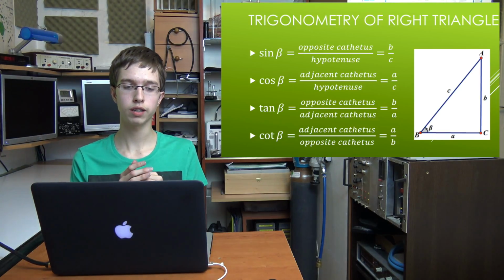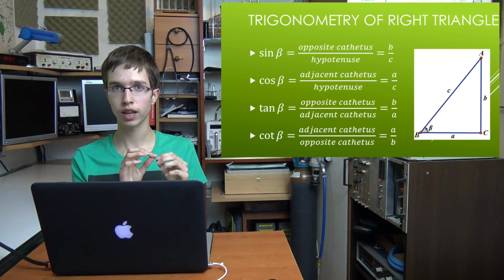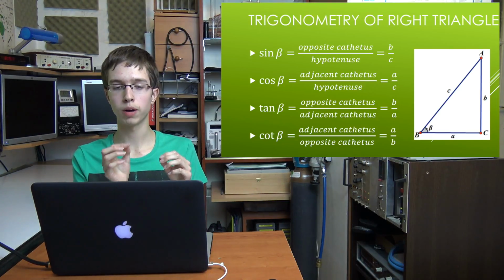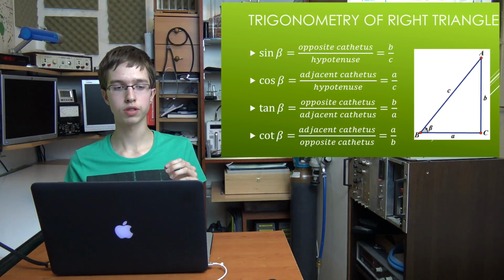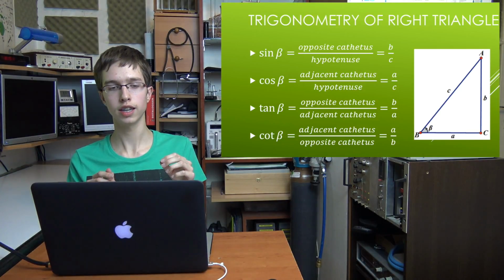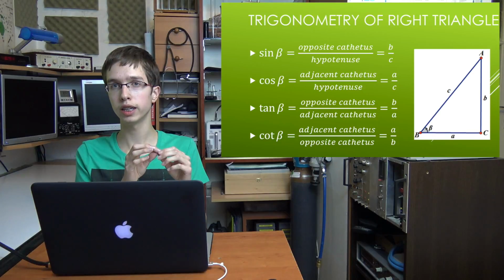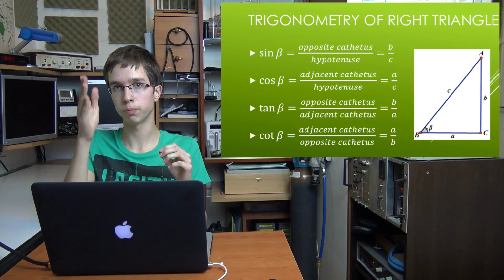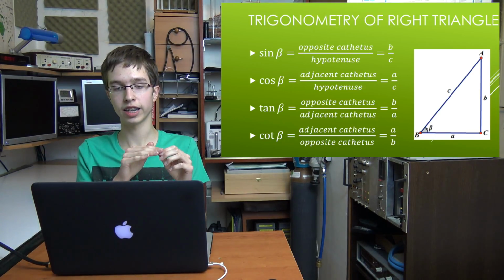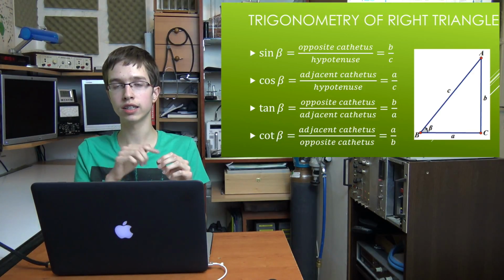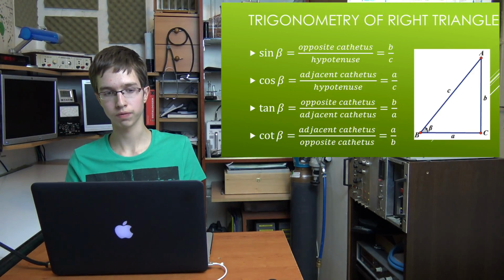For example, we pick the vertex B, and beta is the angle at vertex B. Now sine beta is b over c, meaning opposite cathetus over hypotenuse. So vertex B has opposite cathetus b and adjacent cathetus a, and c is always the hypotenuse.